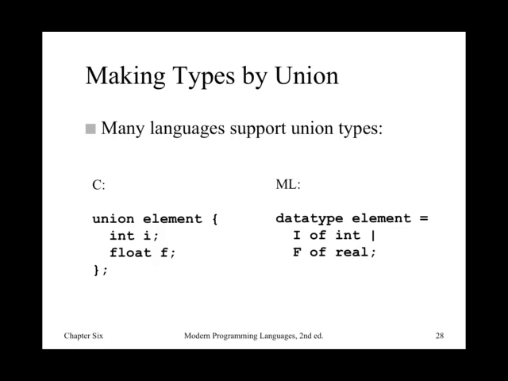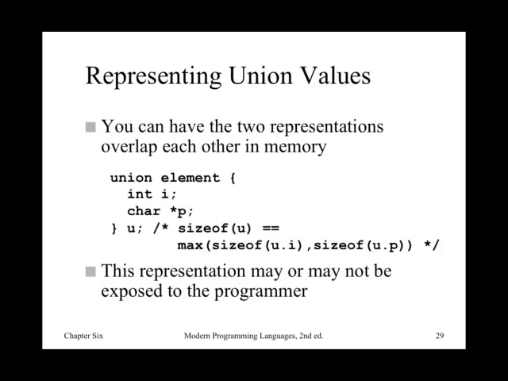Obviously float is probably going to be bigger, occupying more bytes, so every one of these elements in the union is going to be the size of a float in the case of C, and the size of a real in the case of ML. So that's one thing to keep in mind.